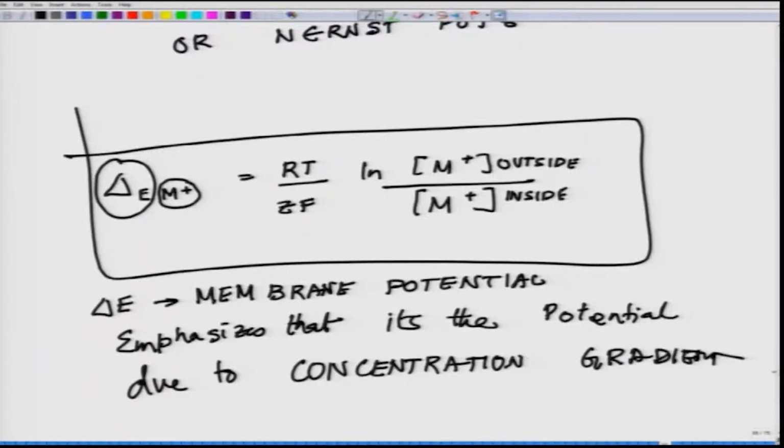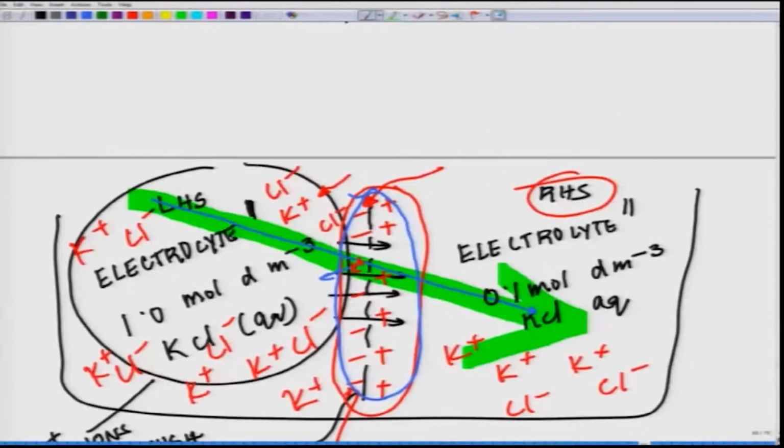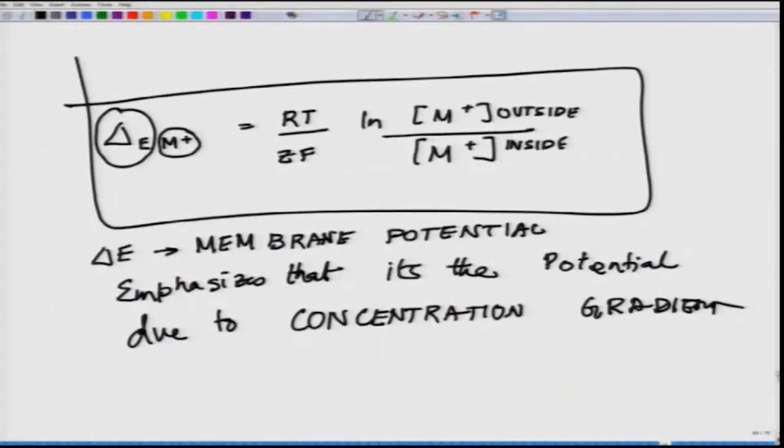As I showed earlier in the picture, this gradient out here, this is what is being emphasized here, value delta E, and you could see that we are not putting the E 0 because E 0 becomes 0 in a concentration cell.